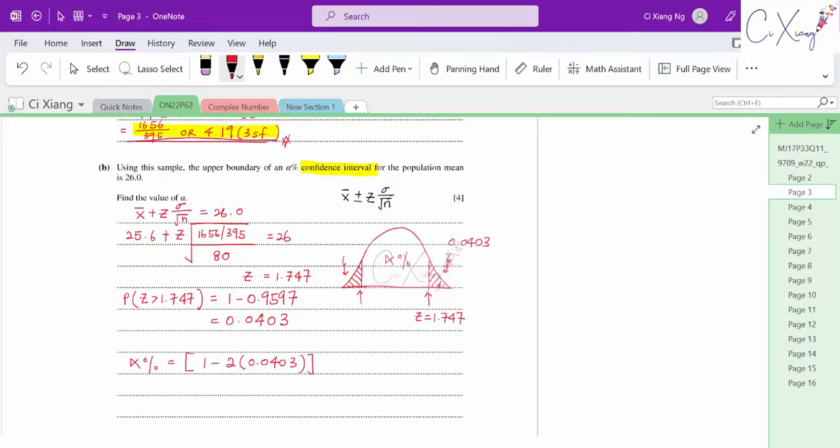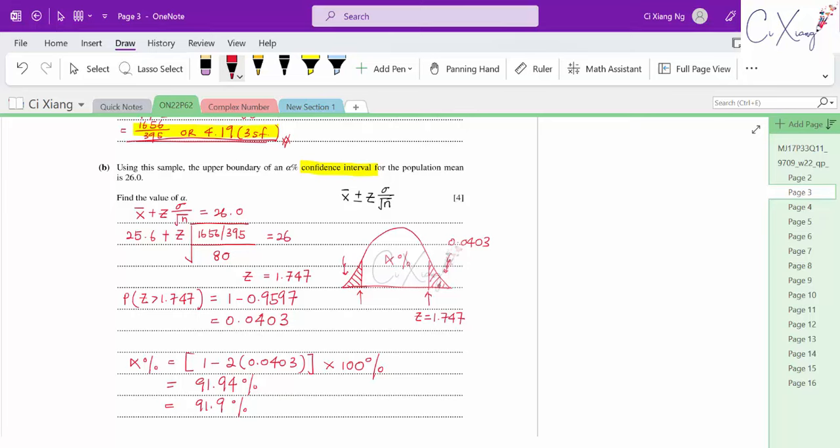When I take 1 minus these two areas, I get the area in the center. To change it to a percentage, we multiply by 100%. When we simplify, you will get 91.94%, and our final answer can be 91.9%, correct to 3 significant figures.